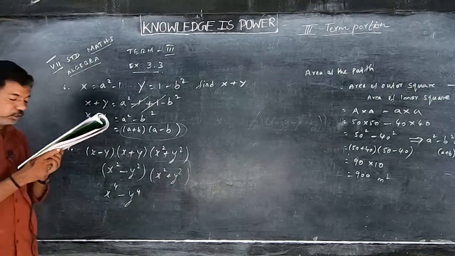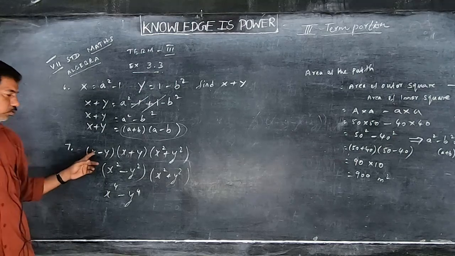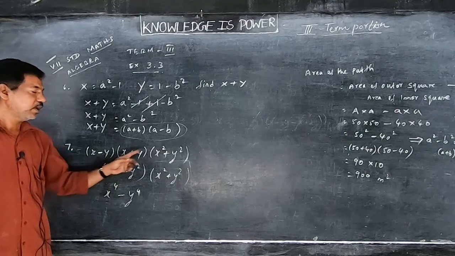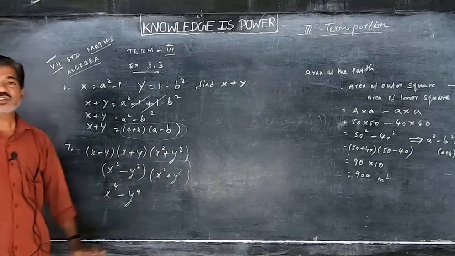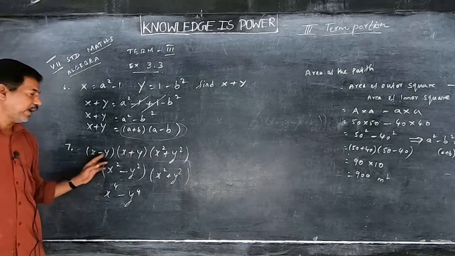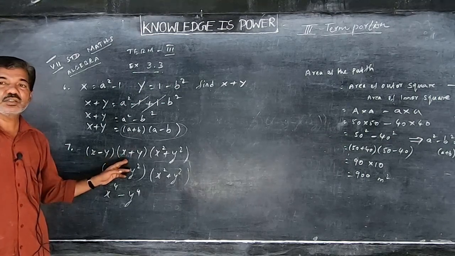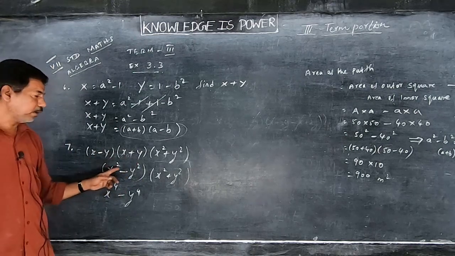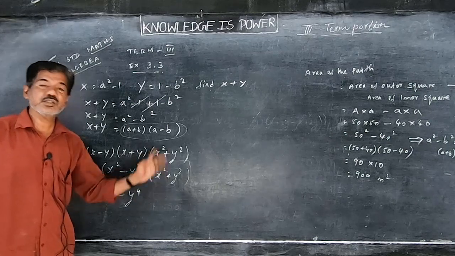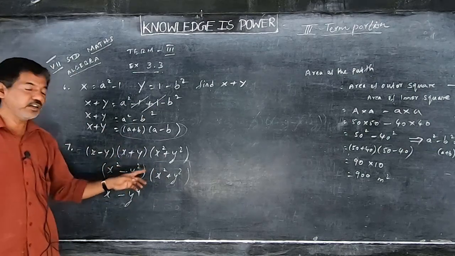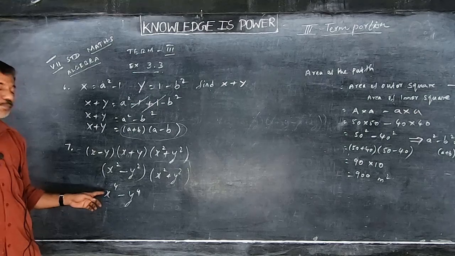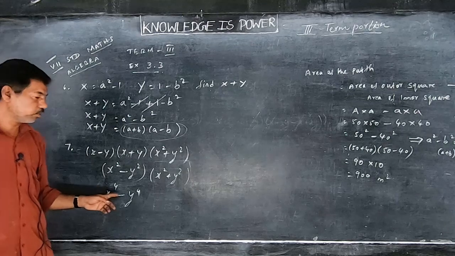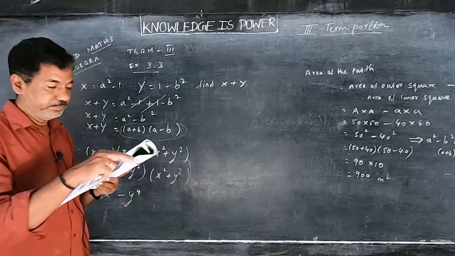Follow the question number 7 like this: after multiplying these two, x square minus y square and x square plus y square, we get x power 4 minus y power 4. So this is question number 7.